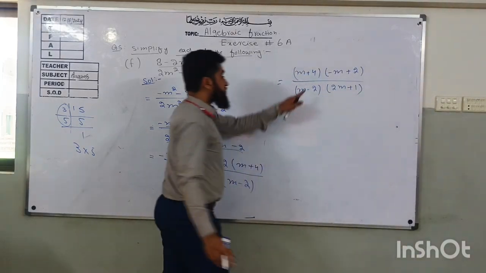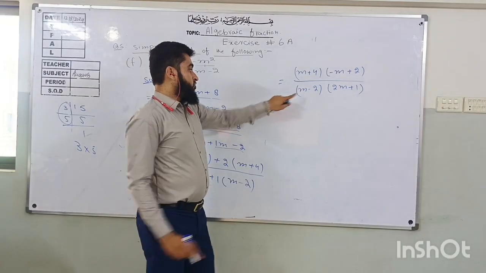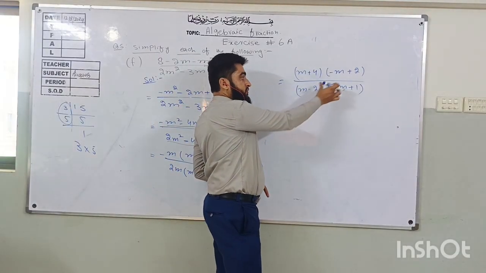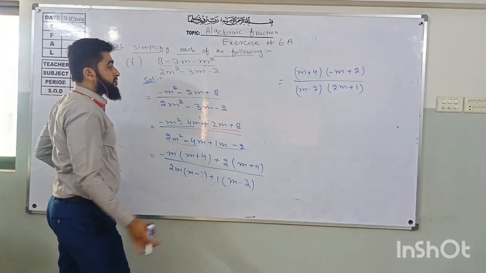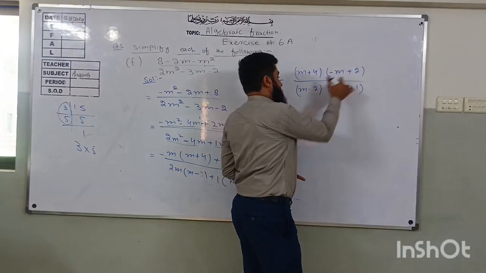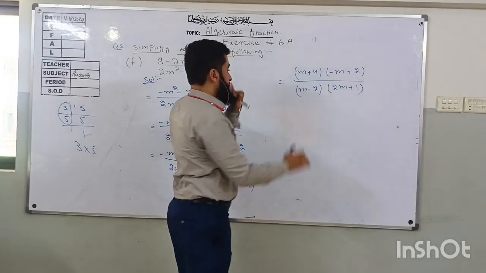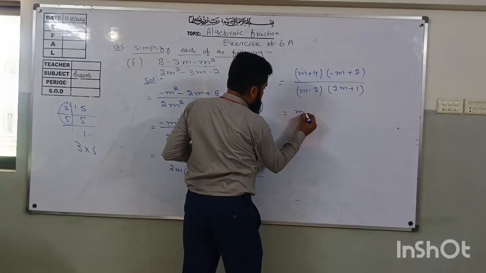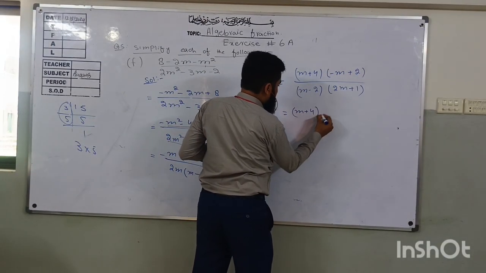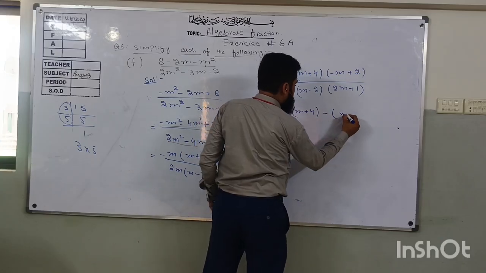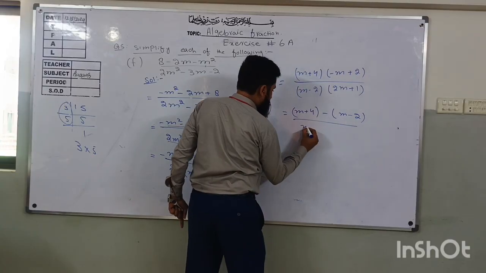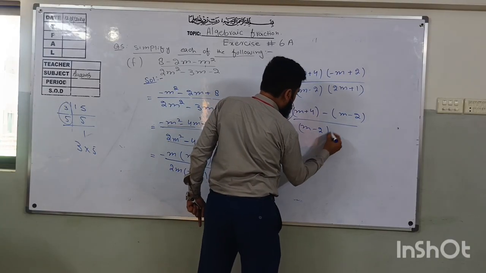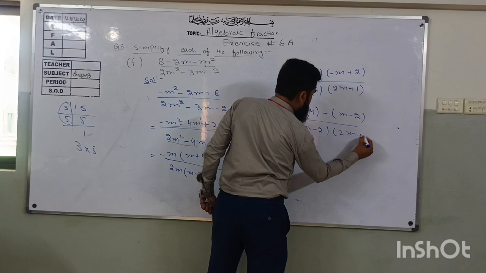Okay, students, let's focus on this point. In the denominator we have m minus 2, in the numerator we have minus m plus 2. We will take common negative for cancellation. So m plus 4 into minus common, sign will be changed, m minus 2 upon m minus 2 into 2m plus 1.